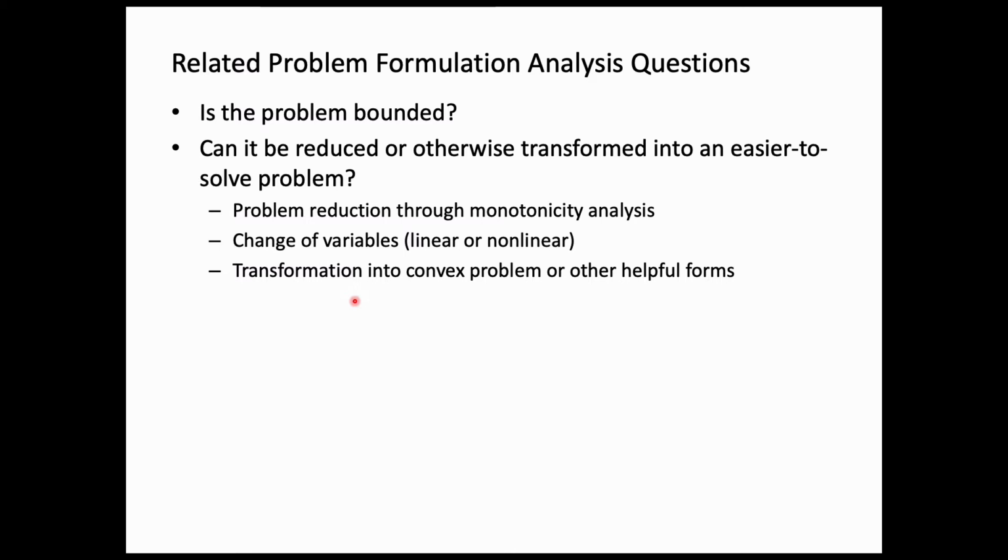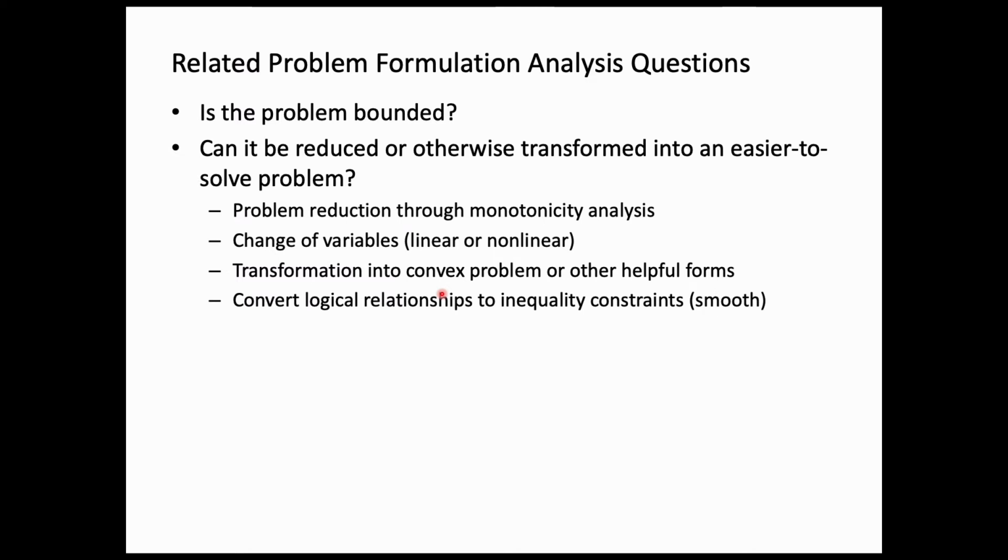The whole area of what's called convex optimization or convex programming has many different classes of convex optimization problems with corresponding algorithms that are tailored to solve that class of problem. And if it is possible to transform your problem into one of these other convex forms, then that can be very advantageous. It can help you to solve your problem much more efficiently.